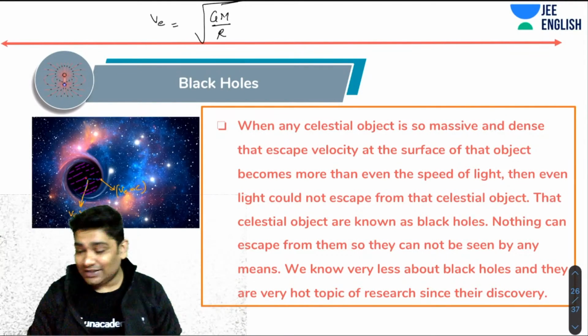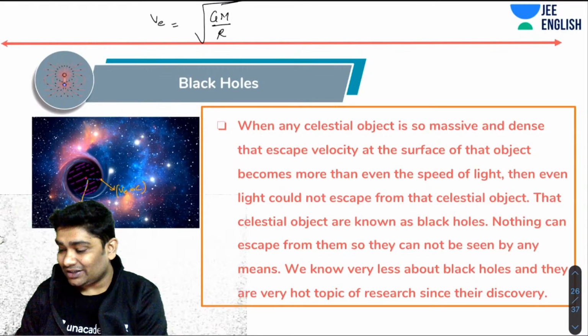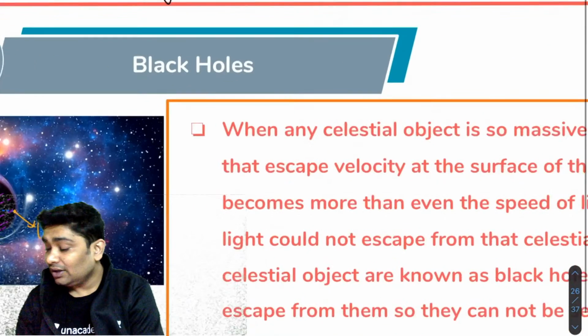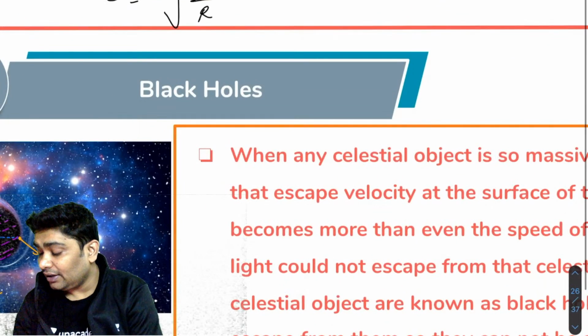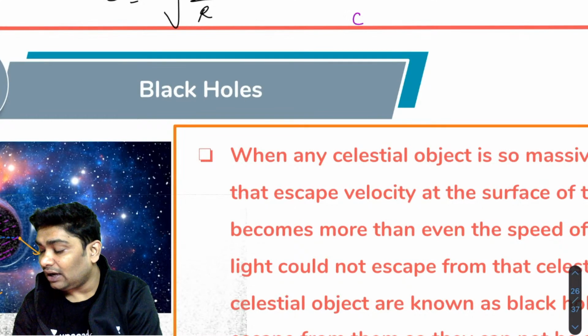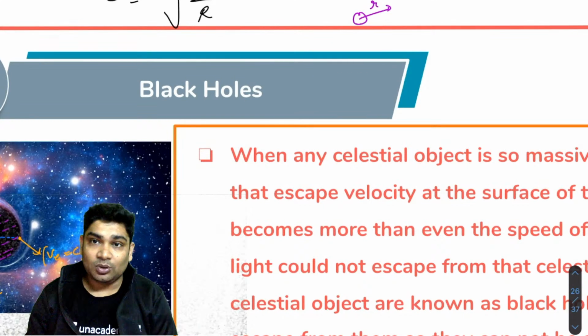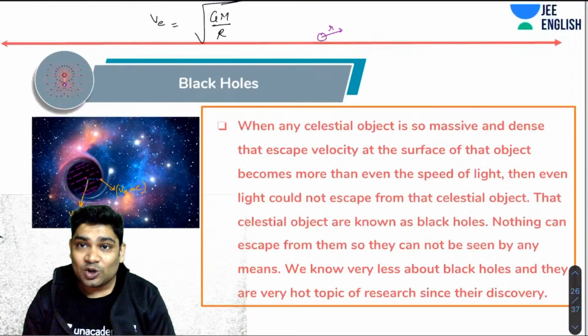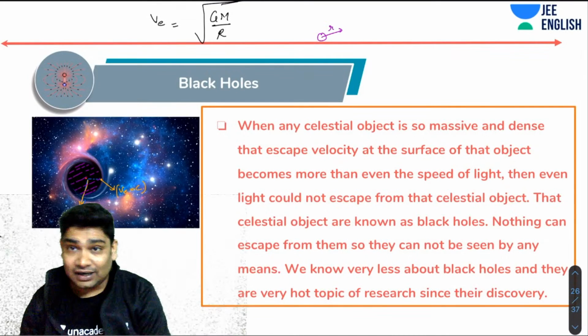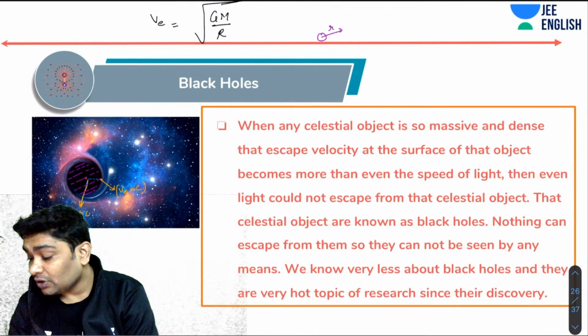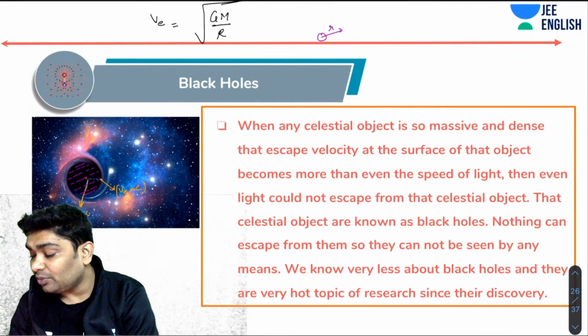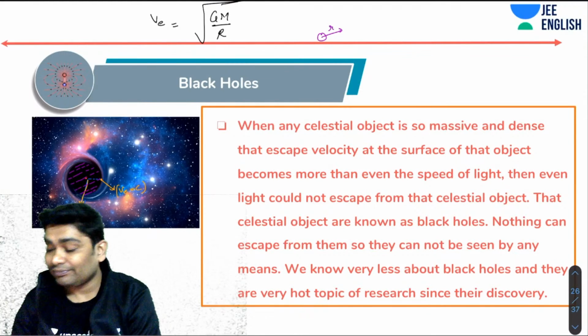So let's see. Think about this. If you are here at a distance r from the center, let's assume. So what will be your escape velocity at a distance r from the center? You will realize escape velocity would be root of GM over r.